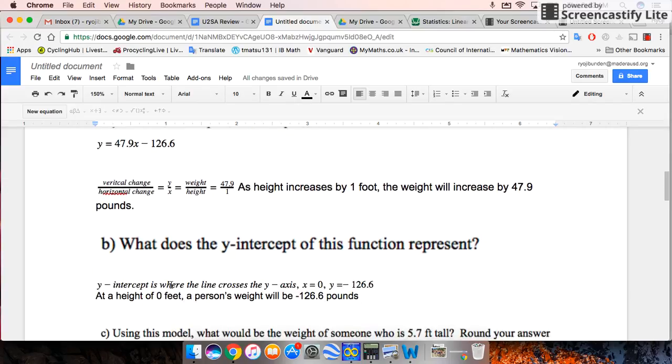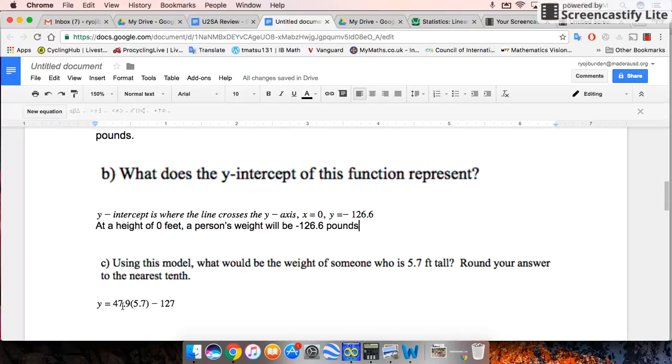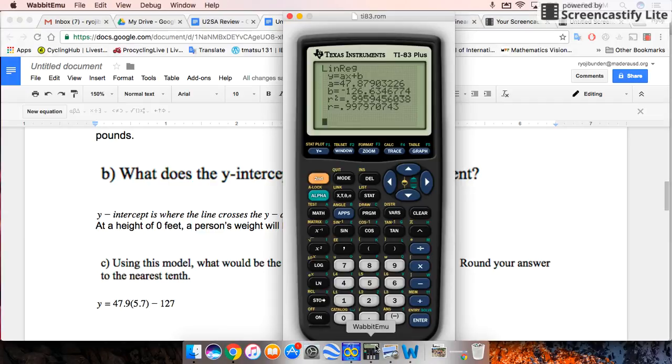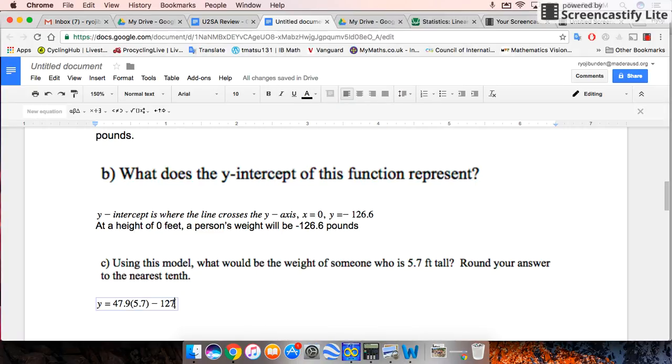So if we do that, we get y is equal to 47.9 times 5.7 minus 127. So if I use the calculator, 47.9 times 5.7 equals 273.03. I subtract 127 from that, I get 146.03.